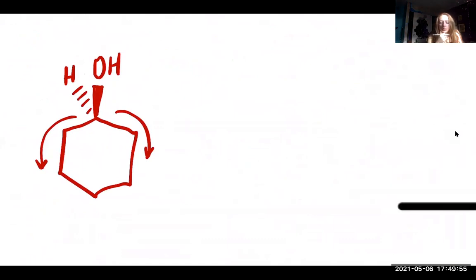So yes, this one will not be a stereocenter, because even if you go this way or this way, you're going to get the same group. So you only have 3 groups that are different, and it's not a stereocenter.